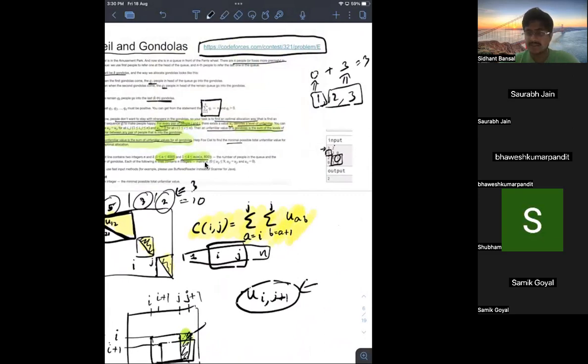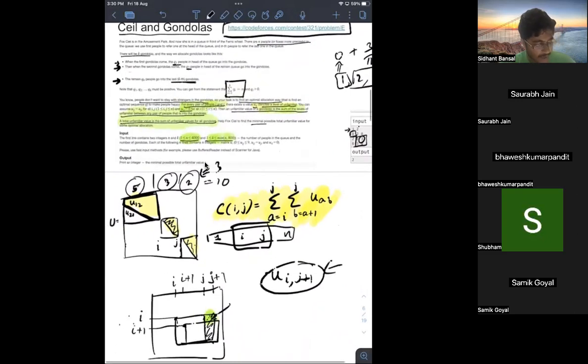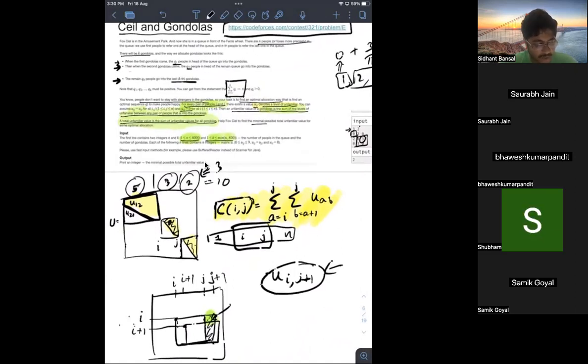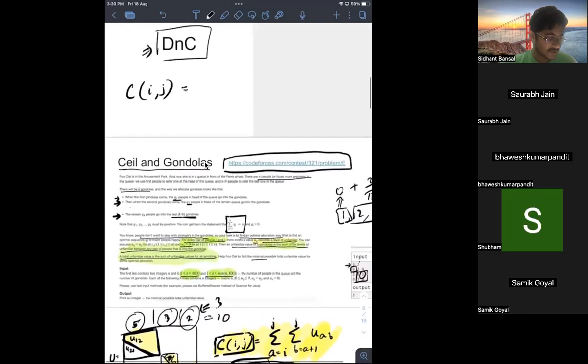So Cij is the sum of the entire submatrix from I to J, and you're just adding each element once, not the mirror image, so the yellow region. Because if all the people from I to J are in one group, then Cij defines the cost of that group. That's what Cij is trying to say, right? So that's the cost function in this case.